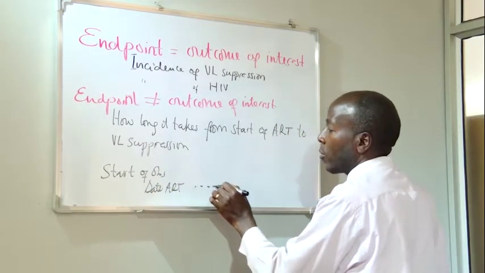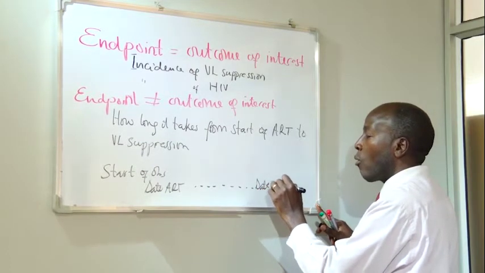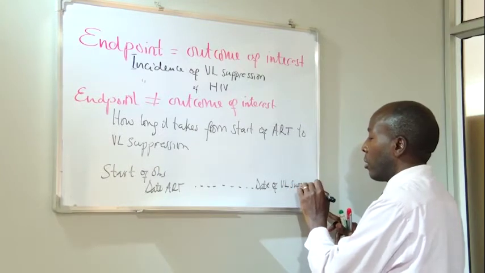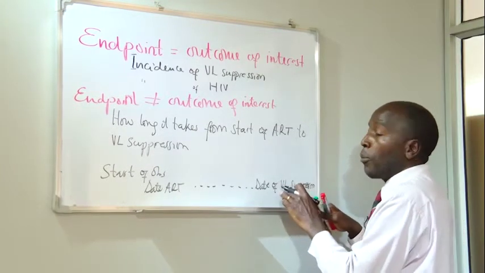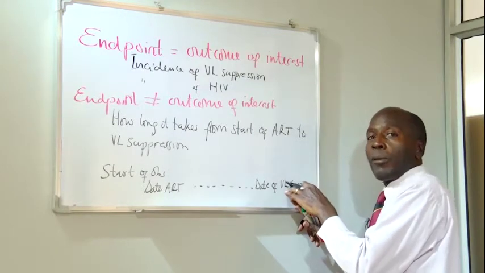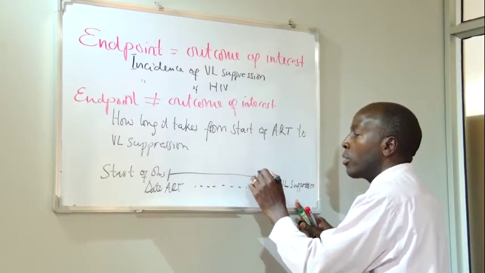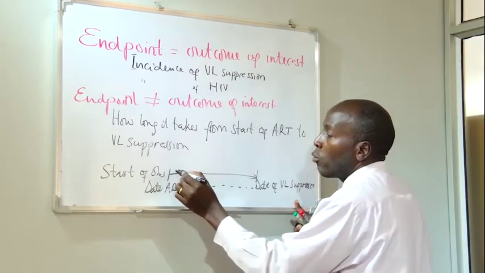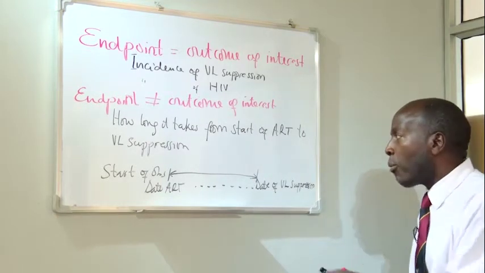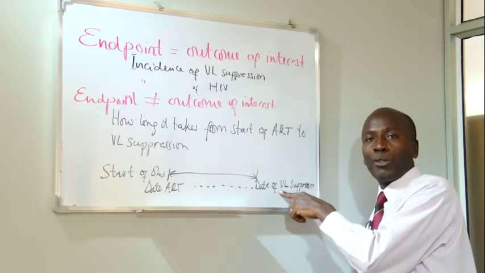Then we follow this person, and we get the date of viral load suppression. This is an endpoint, but the outcome is not viral load suppression. The outcome is the duration it takes from start of ART to viral suppression. The endpoint that helps us calculate this outcome is the date of viral suppression.